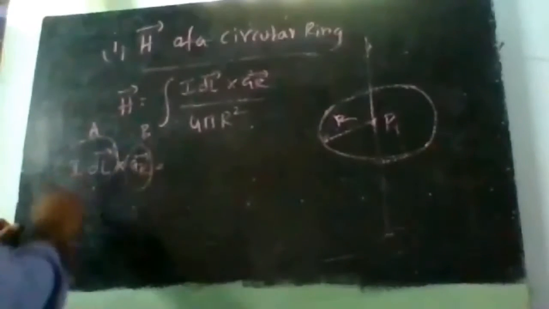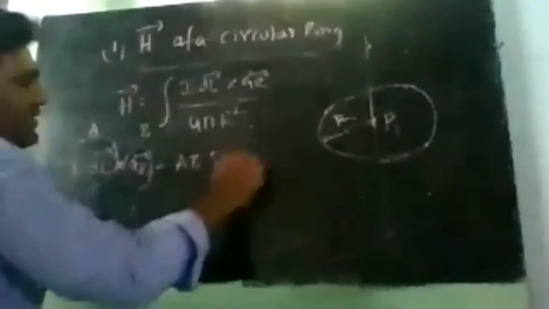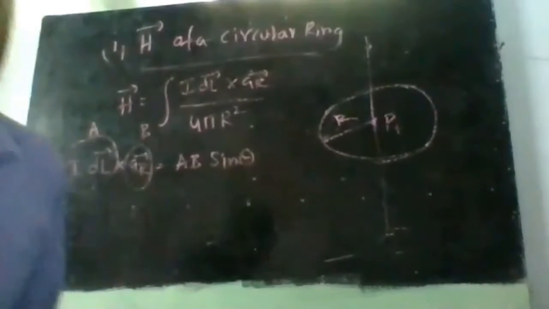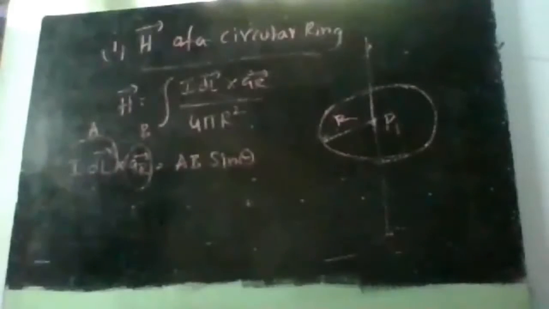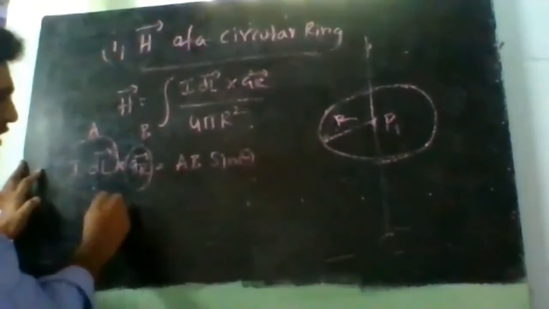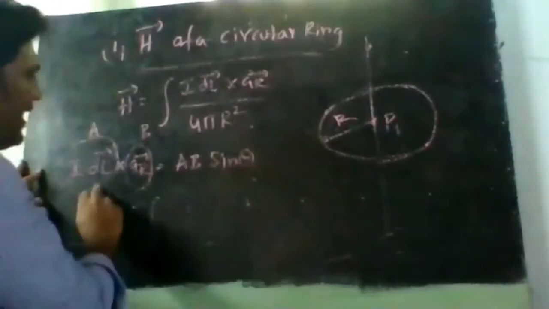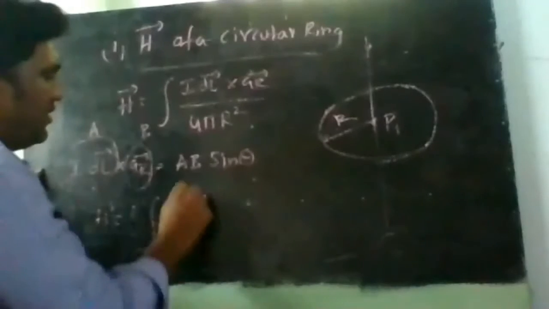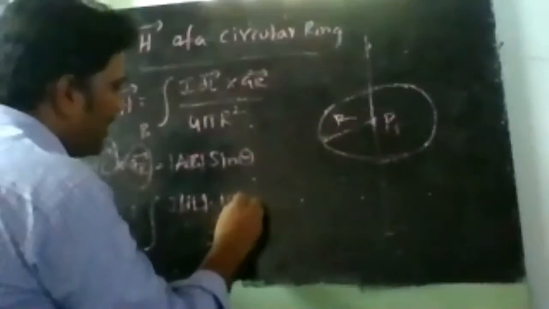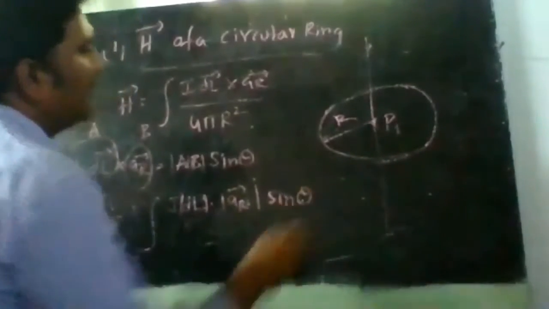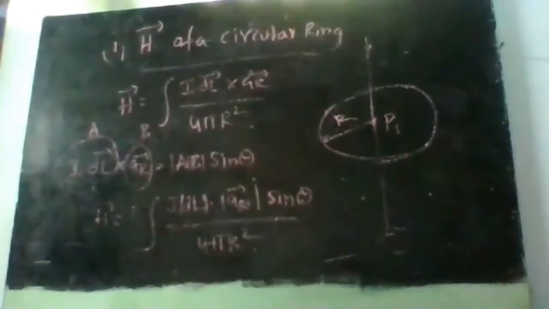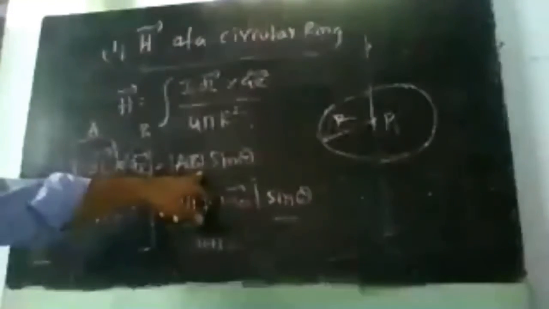A cross B is nothing but AB sine theta, that is, modulus of A into modulus of B into sine theta.